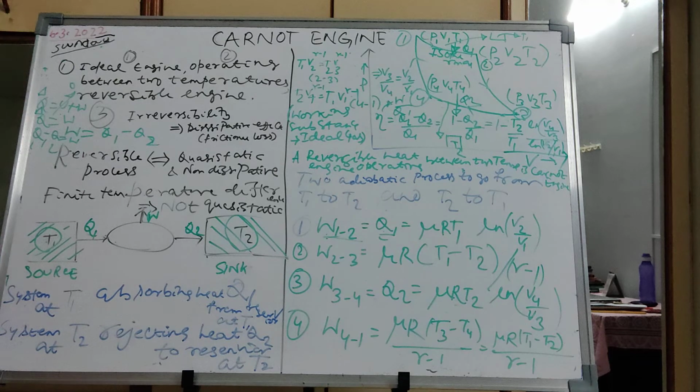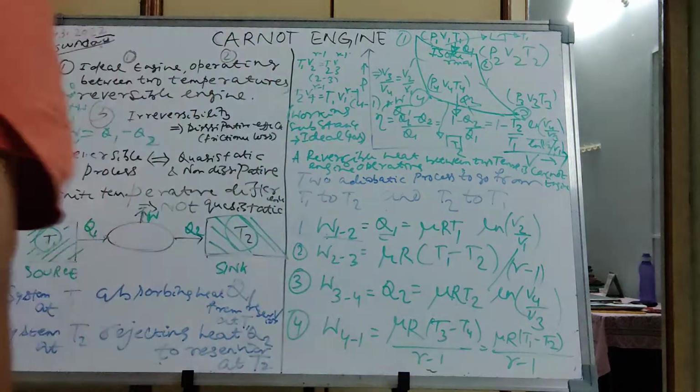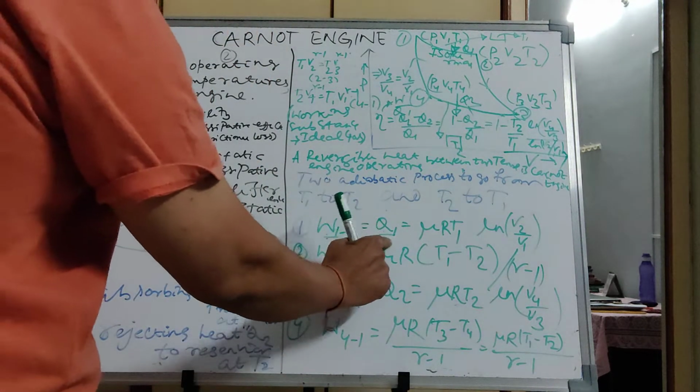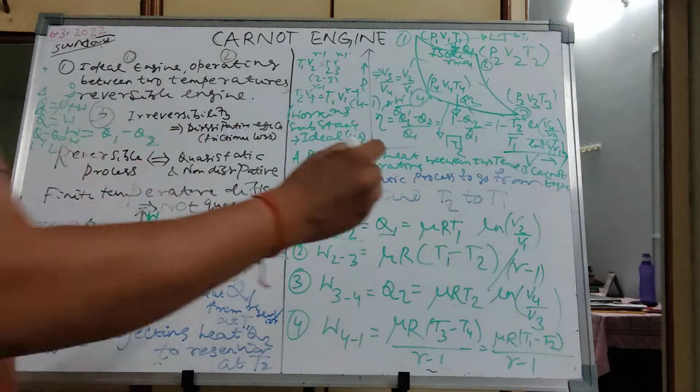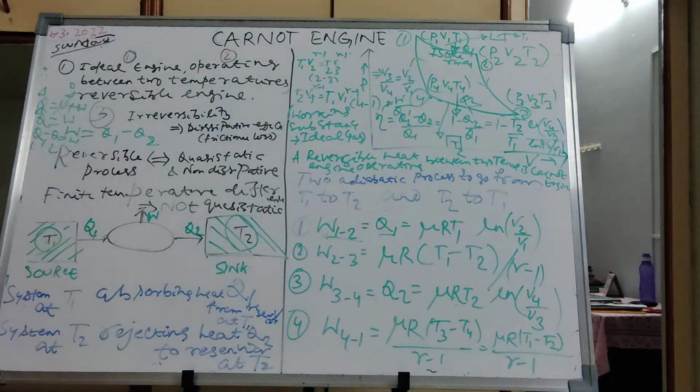So work done is equal to heat received. I have already derived the work done for an isothermal process: nu R T1 ln V2 by V1.